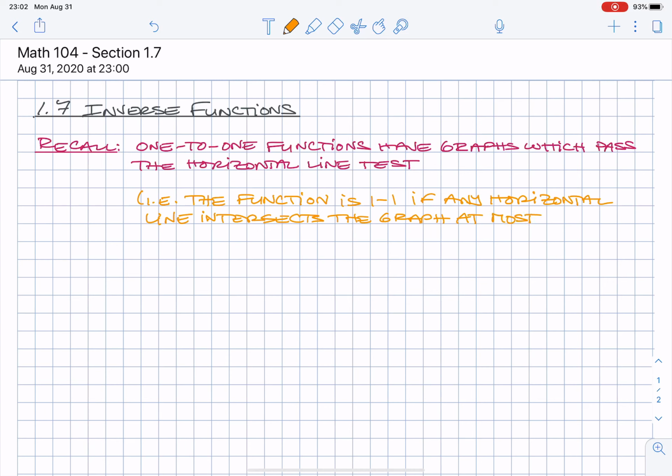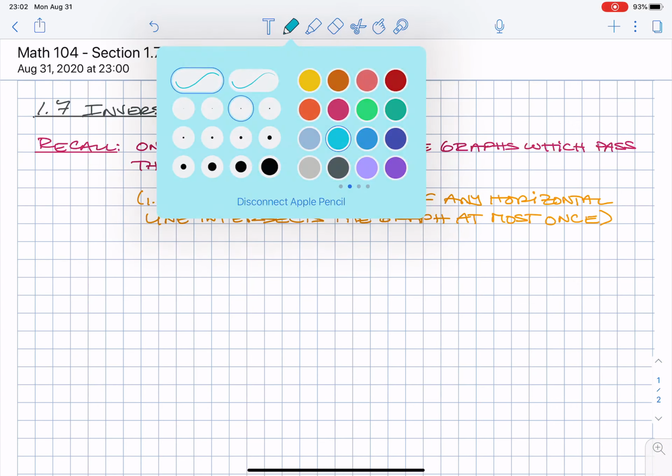So meaning no more than once. If it intersects twice, it is not one-to-one. Okay, so definition.